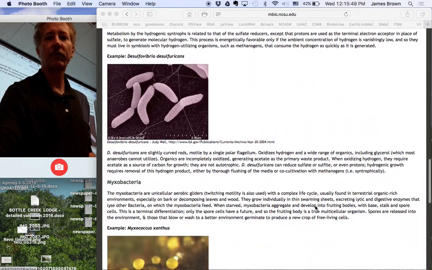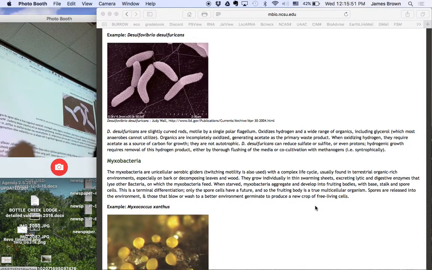So here's Desulfovibrio desulfuricans, a traditional, quite common sulfur reducer, and they have this kind of banana-shaped cell that you commonly see in these environments.